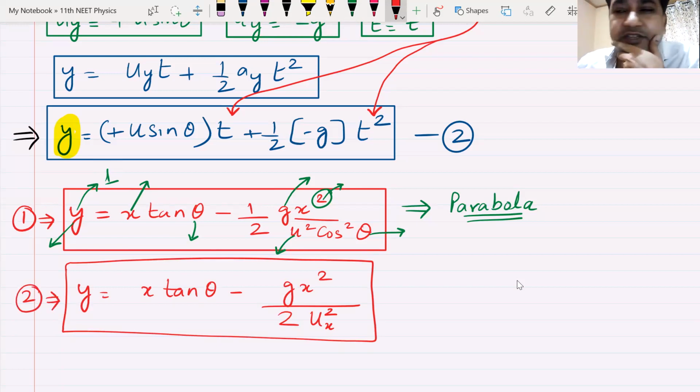I have substituted u cos theta as u x. Am I clear with the second way of writing the same equation? I can also write it in this fashion. Not a problem.